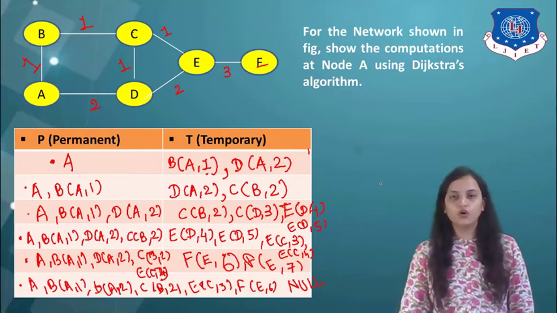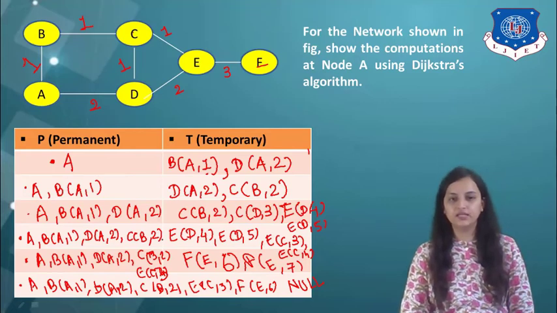Now if we want to draw the shortest path using this table, we always have to refer to the last permanent node, which is given as first, following this. That means the first node is A. Then we are shifting to BA1. That means the destination node is B with the distance 1.